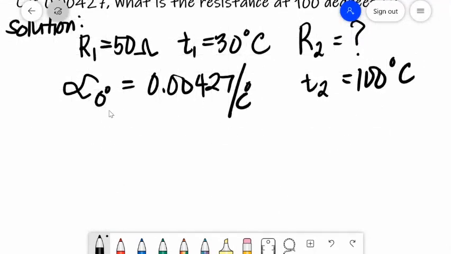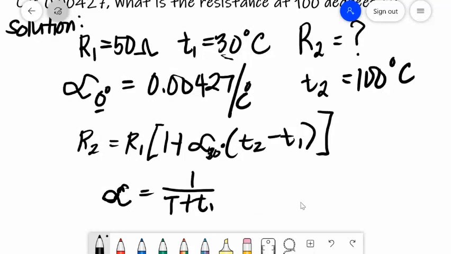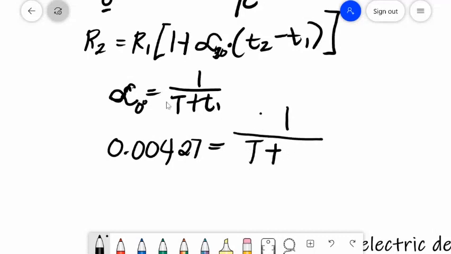As you can see here, our alpha is at 0 degrees, but we need the alpha at 30 degrees Celsius. Our working equation is R2 equal to R1 multiplied by 1 plus alpha times T2 minus T1. So what will be the value of alpha at 30 degrees? From our formula, alpha is equal to 1 all over T plus T1. Here we have 0 degrees, so 0.00427 equals 1 all over T plus 0.